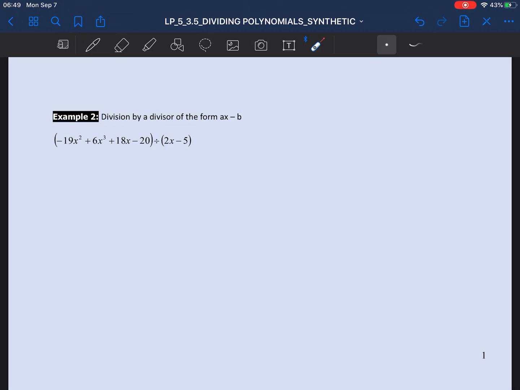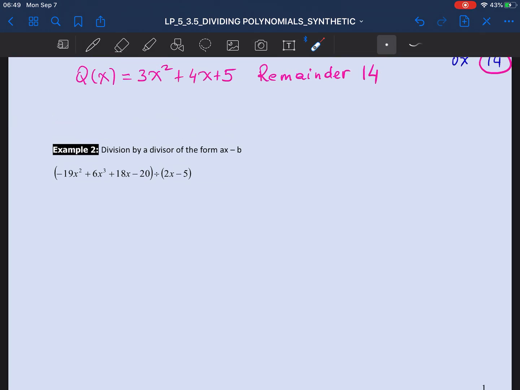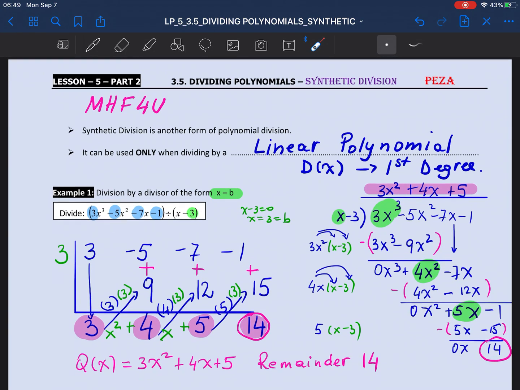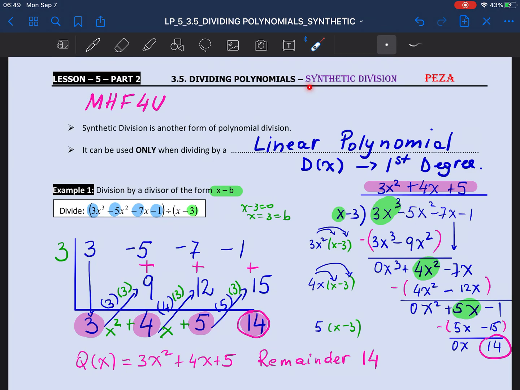Hello and welcome. In this video, I'll explain how to divide a polynomial by a binomial of the form ax minus b. If you're watching this video, I hope that you've taken the time to watch the lesson where I explain how to use synthetic division in dividing polynomials by a divisor of the form x minus b.